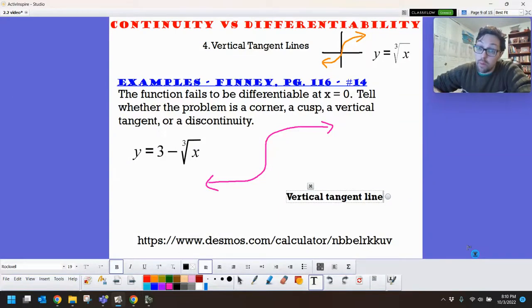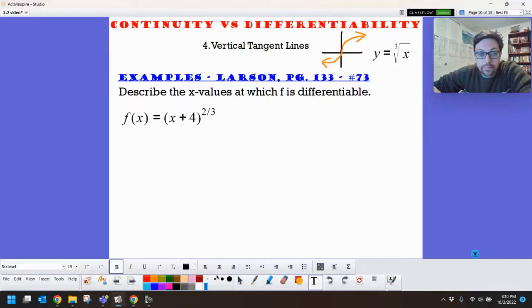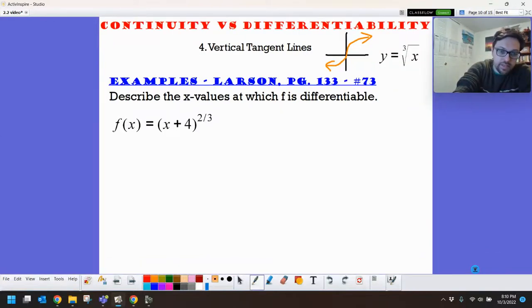Vertical tangent lines are points of non-differentiability, just like a discontinuity would be a point of non-differentiability. In this example, we can see we're dealing with a weird fraction, but that's basically a cubed root graph. So this is the same thing as asking about the cubed root of x plus 4 being squared.